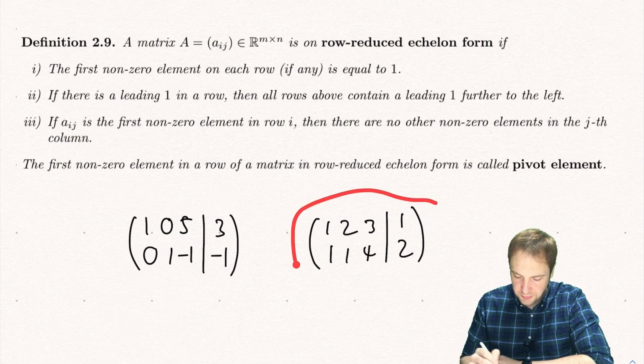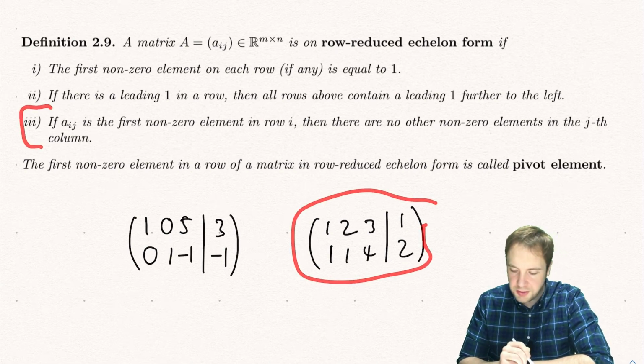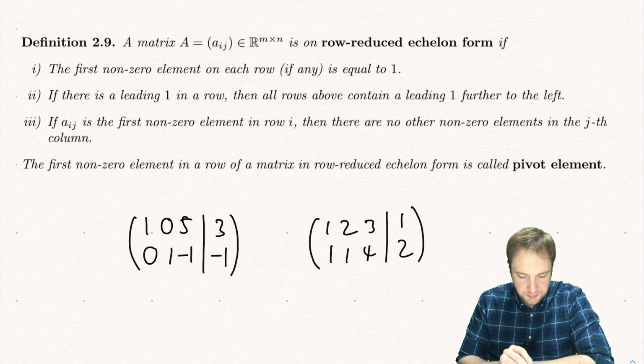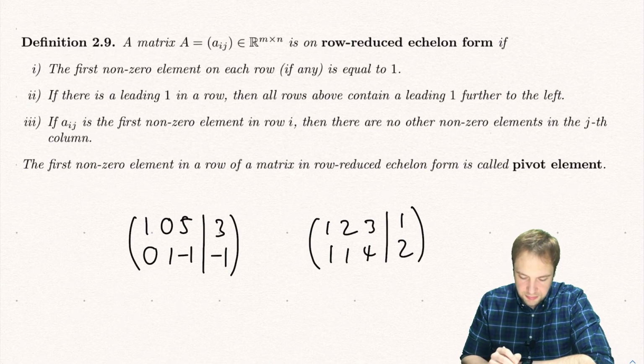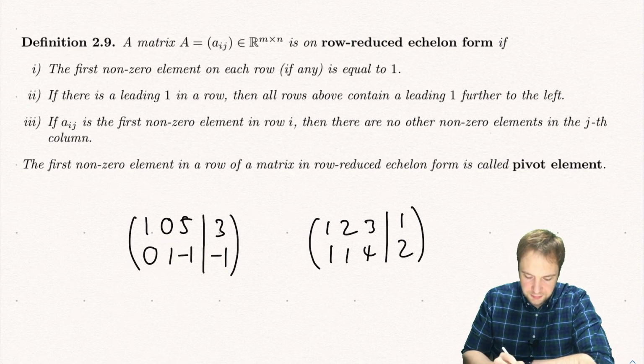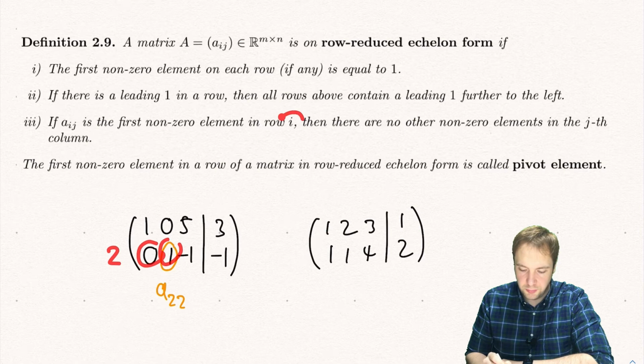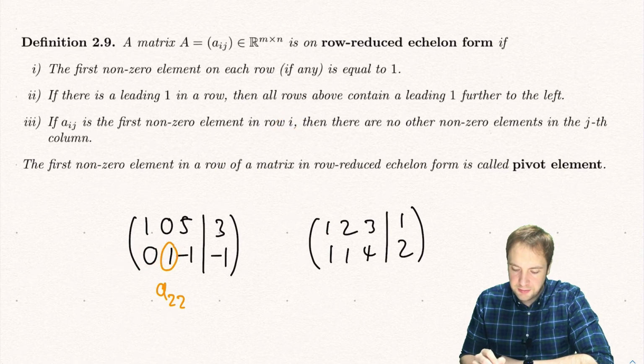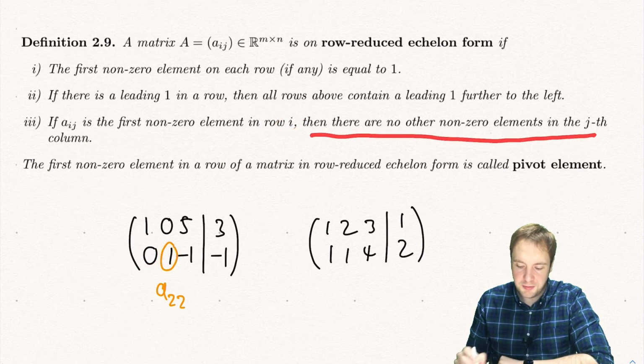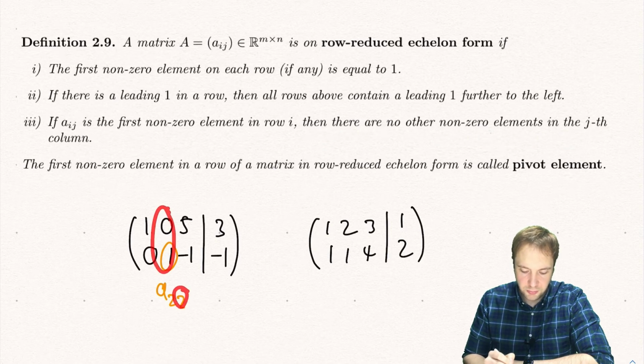And why is this not in row-reduced echelon form? Because we also have this third condition here, that if a_ij is the first non-zero element in some row i, so for example here, this is a, in the second row and the second column. This is the first non-zero entry in row 2, and then there are no other non-zero elements in this column, just this 0 here.